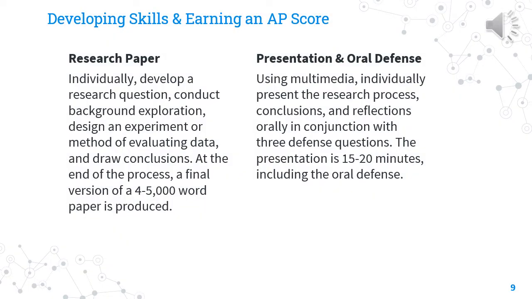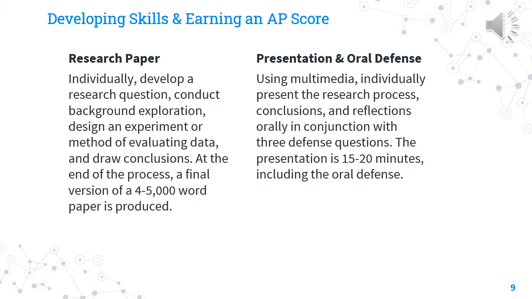Remember that AP Capstone Research is a more advanced course. This means that the skills that you are expected to demonstrate and the ways in which you will earn an AP score are much more complex and require much more individual work.